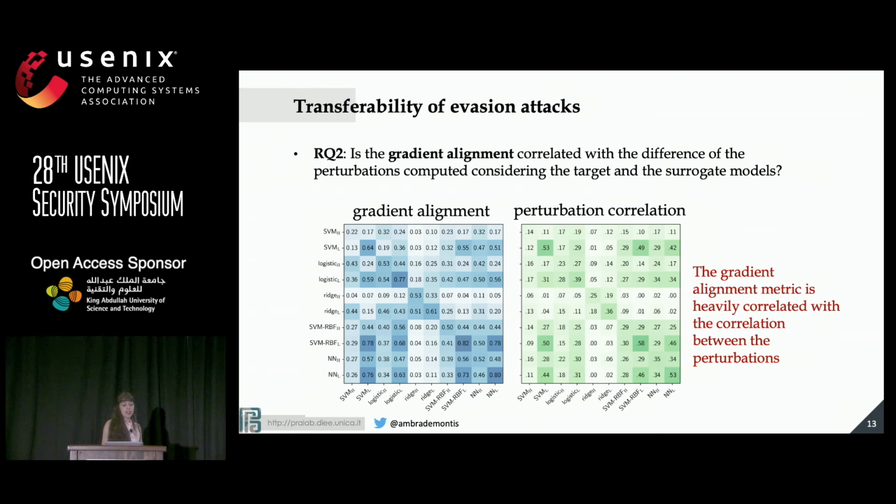Another interesting research question is related to the gradient alignment. So we ask here if the gradient alignment is correlated with the difference of the perturbation computed considering the target and the surrogate model.